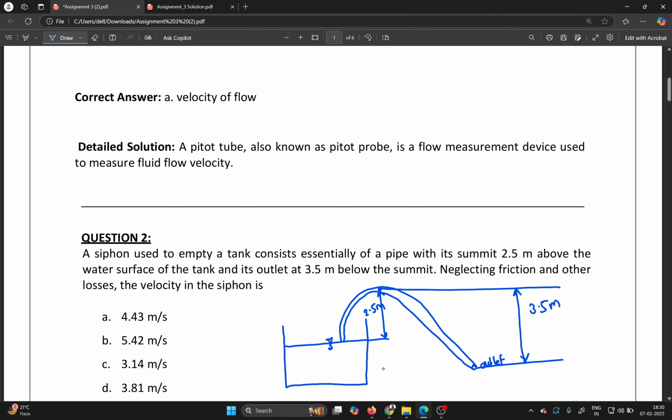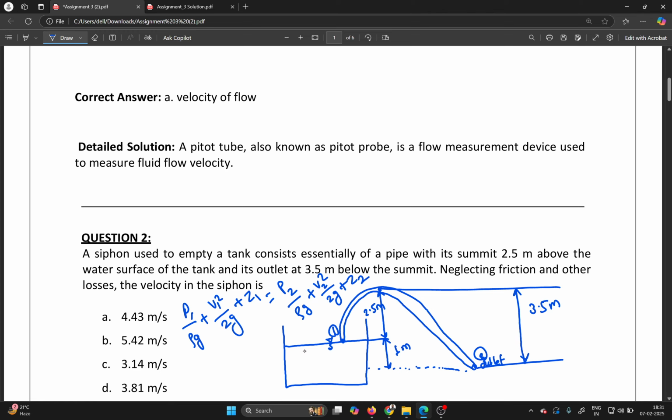Now this value will be 1 meter. So you can apply Bernoulli's equation at point 1 and at point 2: P1 by rho g plus V1 squared by 2g plus Z1 equals P2 by rho g plus V2 squared by 2g plus Z2.